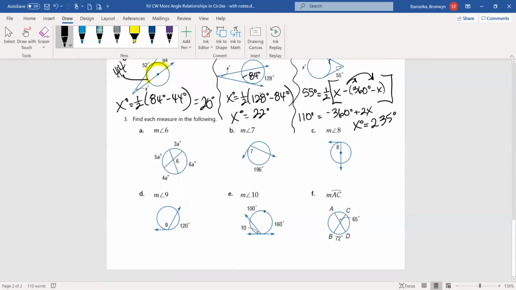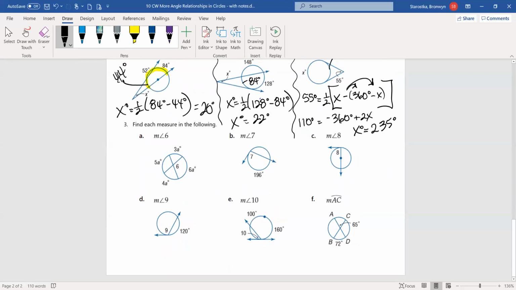Let's practice a few more so you see all the different varieties. I know in 3a that 3a plus 6a plus 4a plus 5a, all those added together will equal 360.